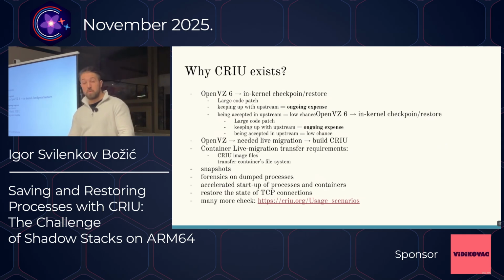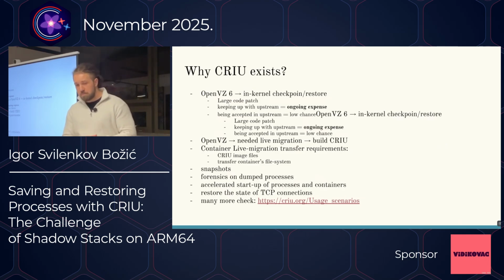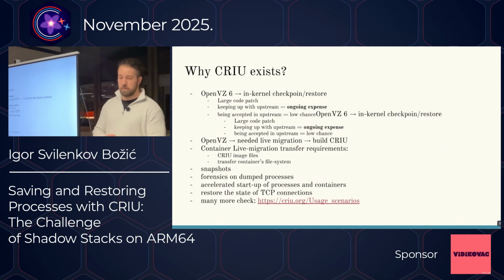That took engineering time, and getting stuff back in the upstream was not easy. So this became a problem, and at some point CRIU was born. Again, the main reason was live migration of containers.